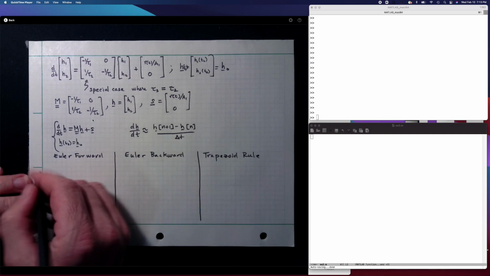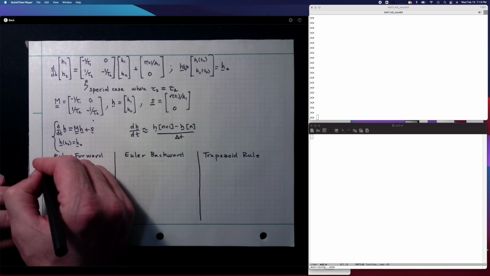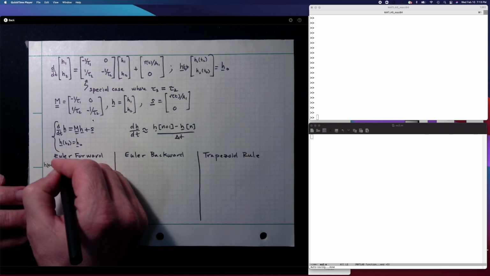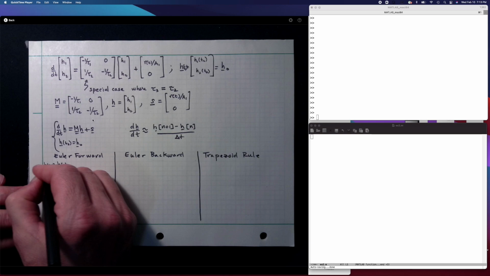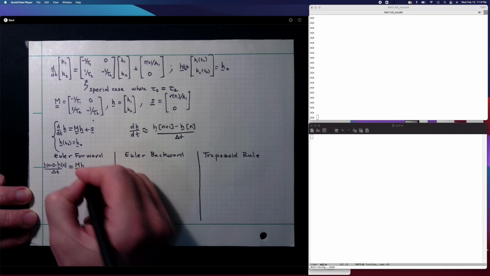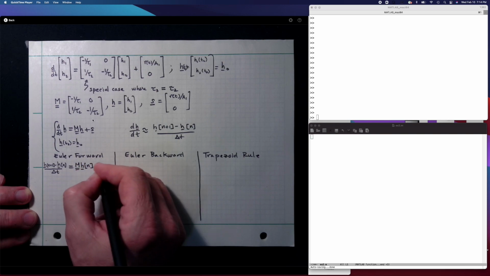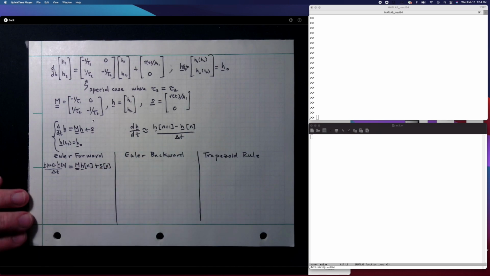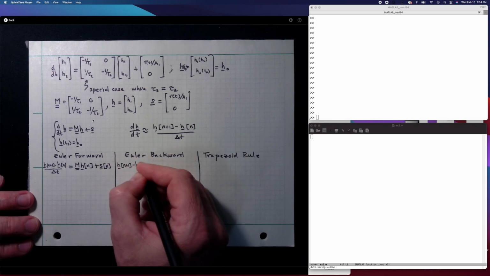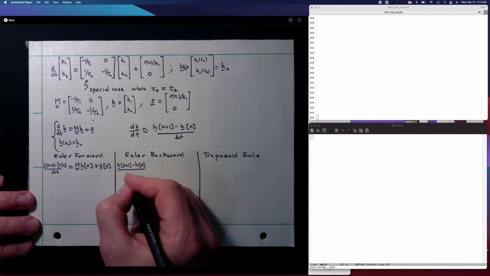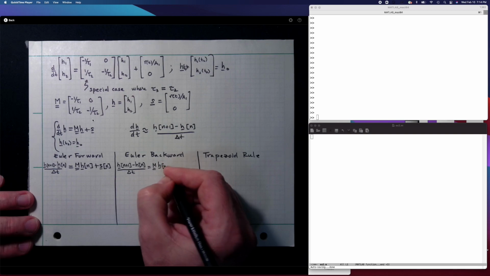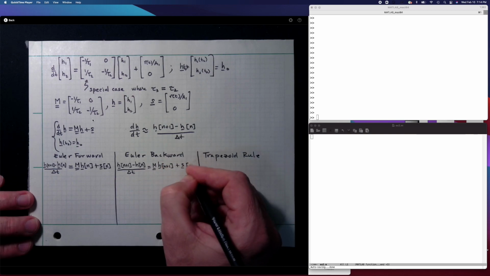So let's write down what this all means. We have h at n plus 1 minus h at n divided by delta t is equal to m times h at time step n plus s at time step n. For this one, h at time step n plus 1 minus h at n divided by delta t is m times h at time step n plus 1 plus s at time step n plus 1.